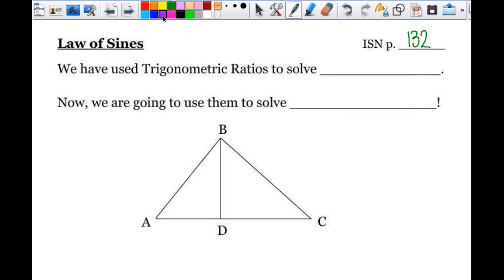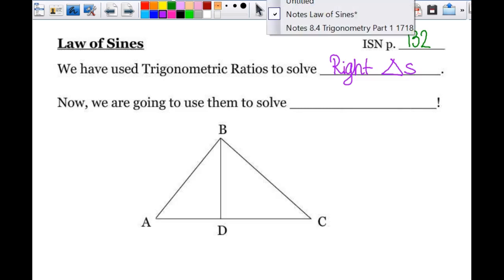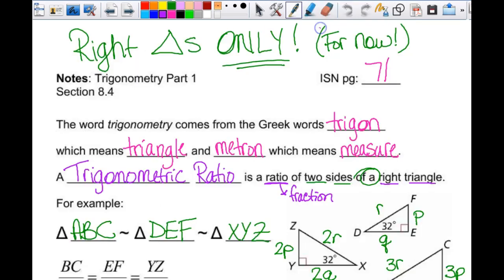Okay. So we've used trigonometric ratios in geometry and in here to solve right triangles, right? And that's really the only way that we've used it to solve triangles, the only kinds of triangles. I pulled this up because these are the notes from when we started trig.